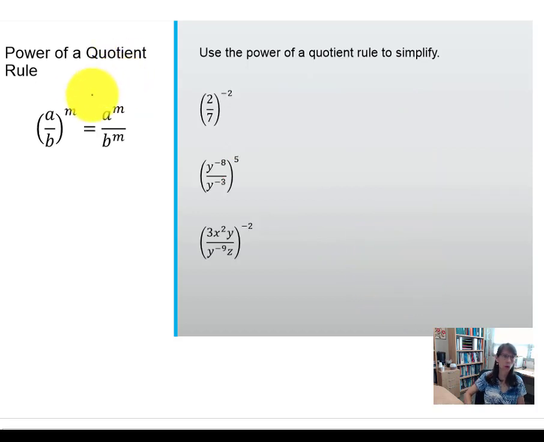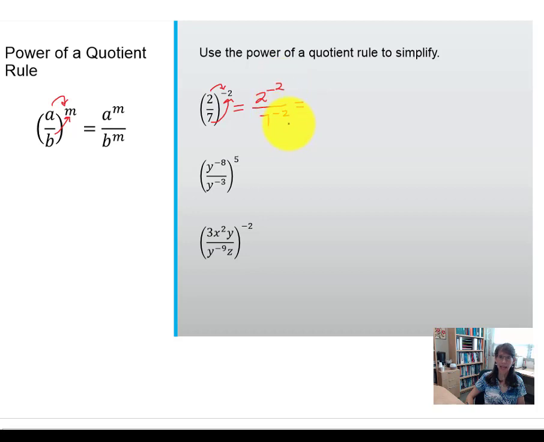With the power of a quotient rule, we're starting with a fraction raised to a power. Notice the parentheses. That means the numerator is raised to the power as well as the denominator. So we have parentheses with 2/7 raised to the power of minus 2. So that means 2 is raised to the power of negative 2, and 7 is raised to the power of negative 2.